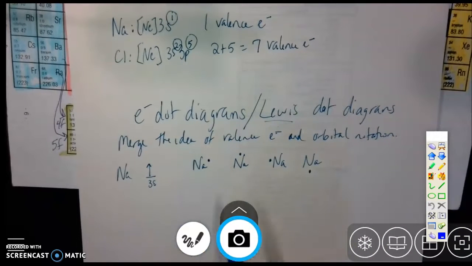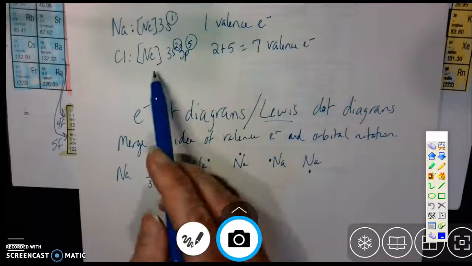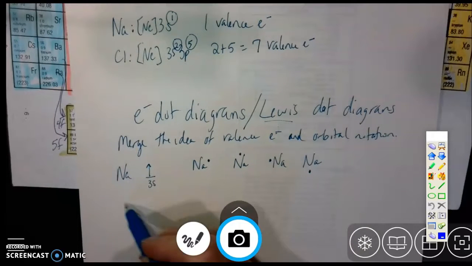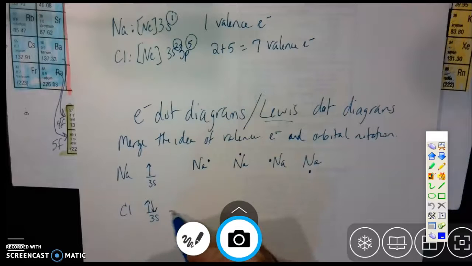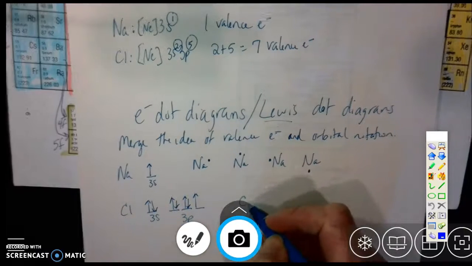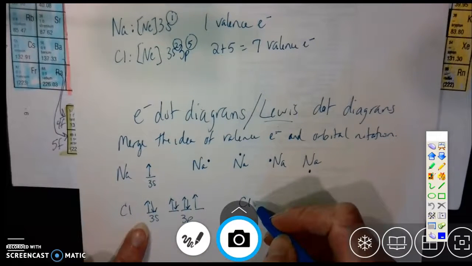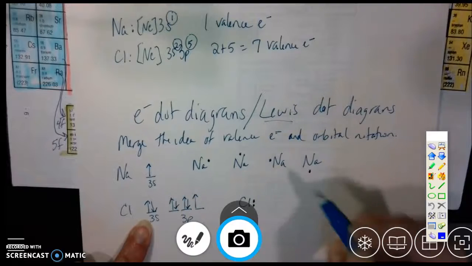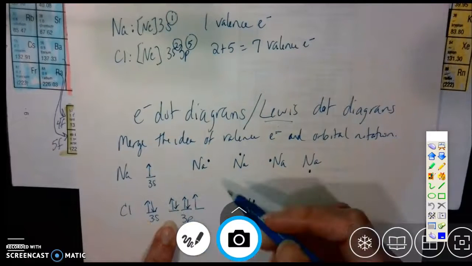Now you don't have to draw them all, but the key idea is that there is a single electron in sodium. So if you look at chlorine, its short form is going to be 3s with a pair, and then there's 3p orbitals, and we're going to have 1, 2, 3, 4, 5. So when we do chlorine's dot diagram, we're going to have these two paired, and I always fill them in the same way I do the arrows.